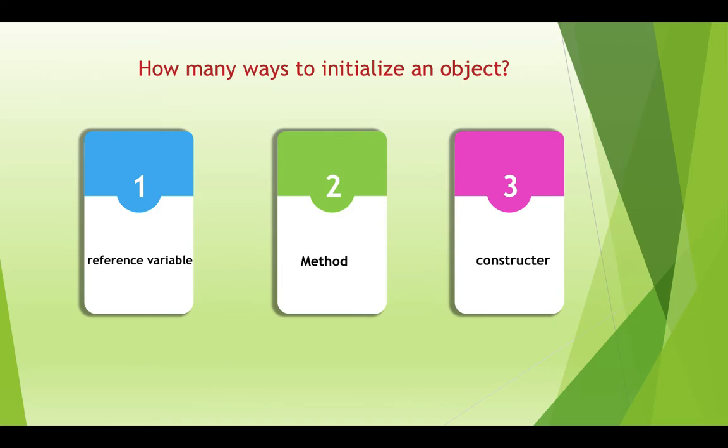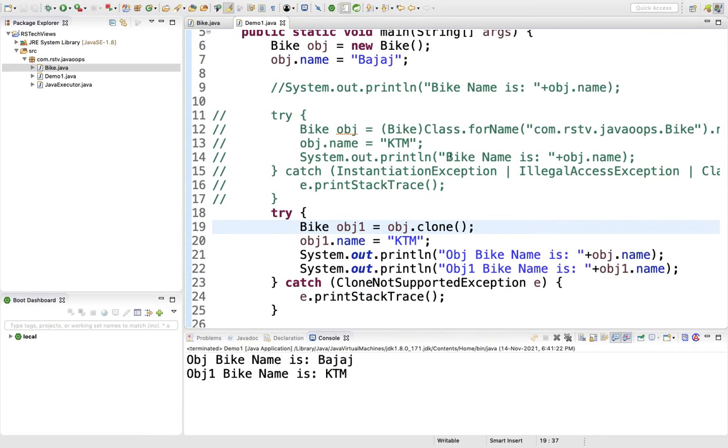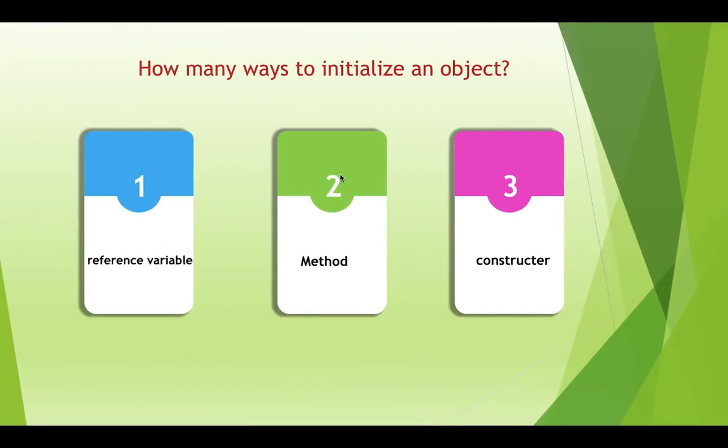So we say that the variable is inside the bike class, so we are initializing the value using the reference variable. Okay, so three ways are there: one is a reference variable, another one is a method, and the third one is a constructor. Okay, we'll see the example one by one.